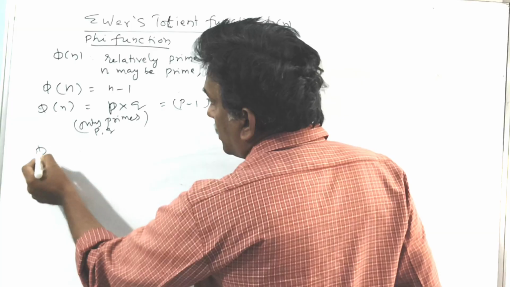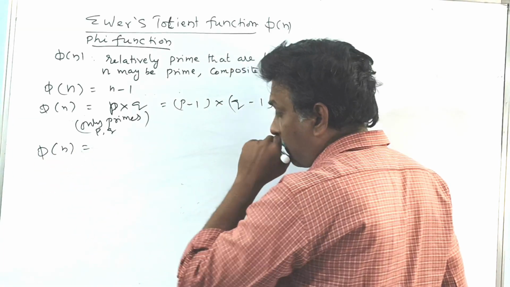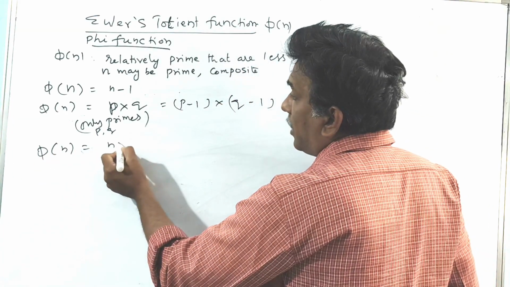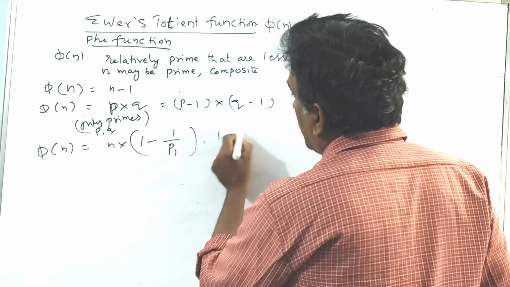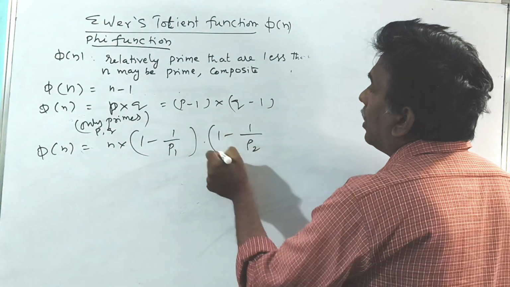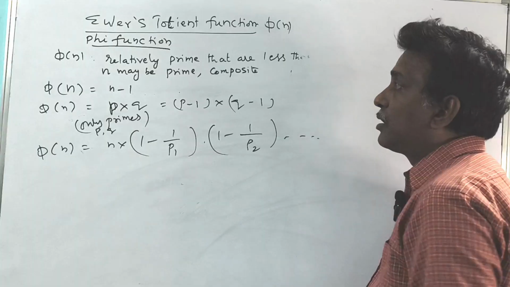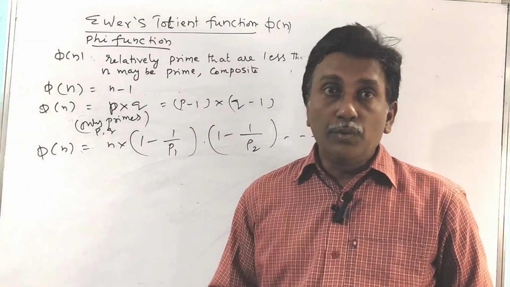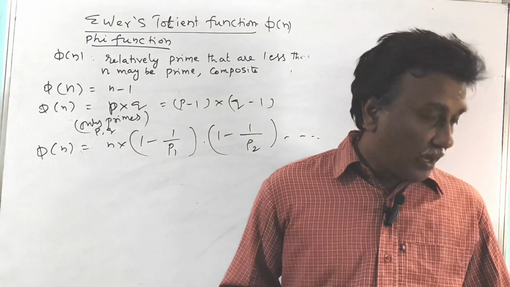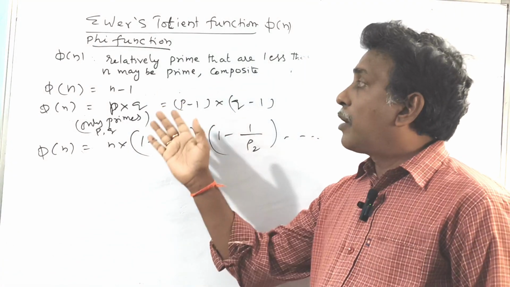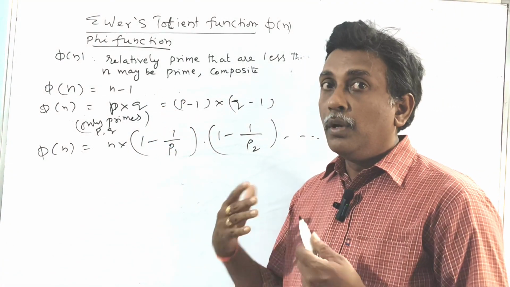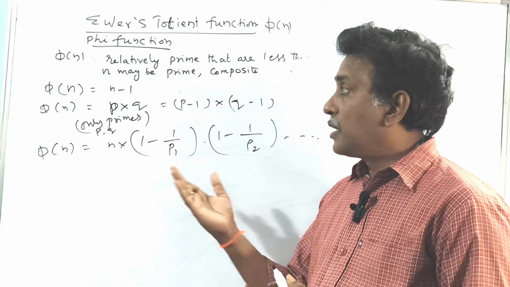And another formula is for when n is large enough, then use n into (1 minus 1 by p1) into (1 minus 1 by p2), like that. These are the three formulas you need to use for finding phi of n for any value of n. Which formula is suitable to get the answer is up to you.